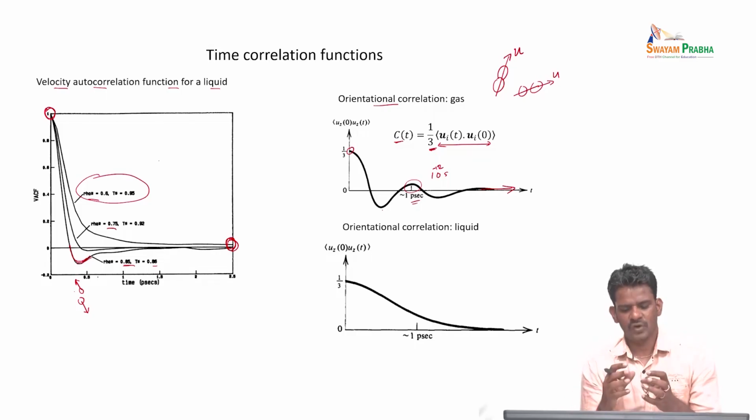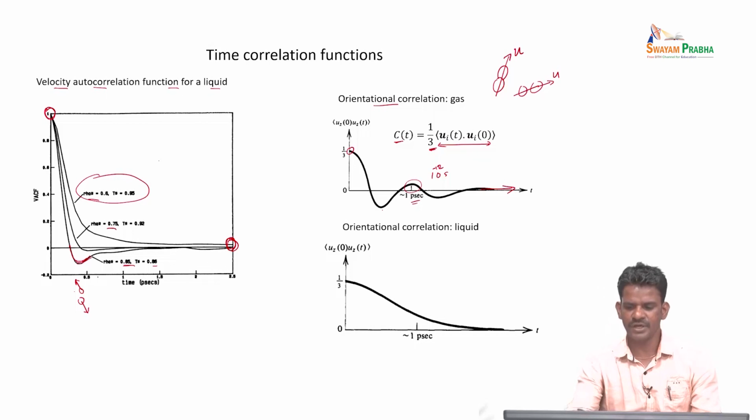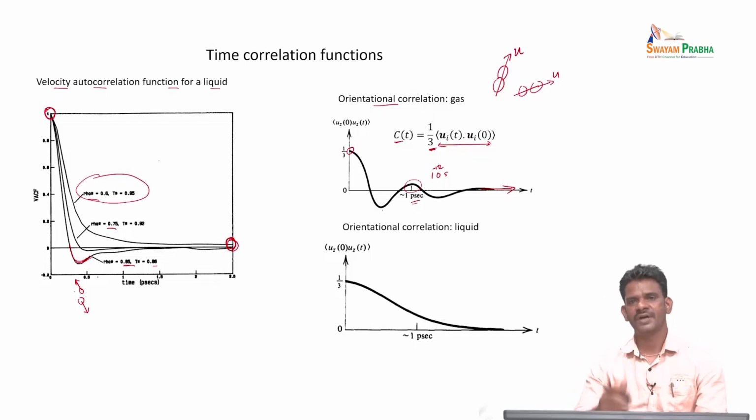So that means if you look at molecules at a microscopic level, there seems to be an orientational correlation. Depending upon one molecule's orientation, the other molecule's orientation is affected, and they are related for a time period of about 1 picosecond. Beyond that, these molecules do not relate or influence each other. So that's the meaning of the time correlation function and its decay.